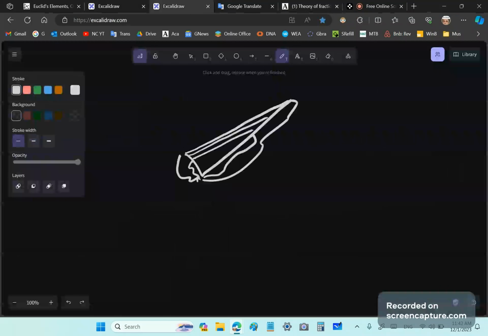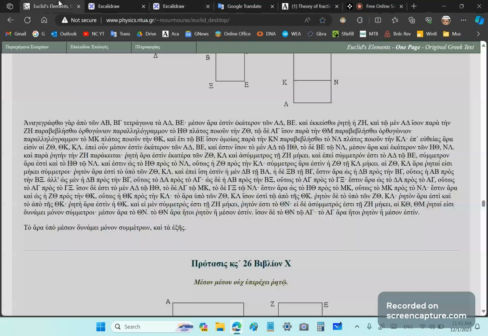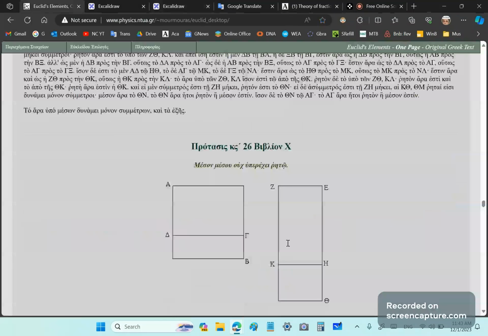Now, anyone who tells you that mathematics is not about measure and number is an absolute moron, like I showed you in the original Greek methods. Oh, here's another one again.